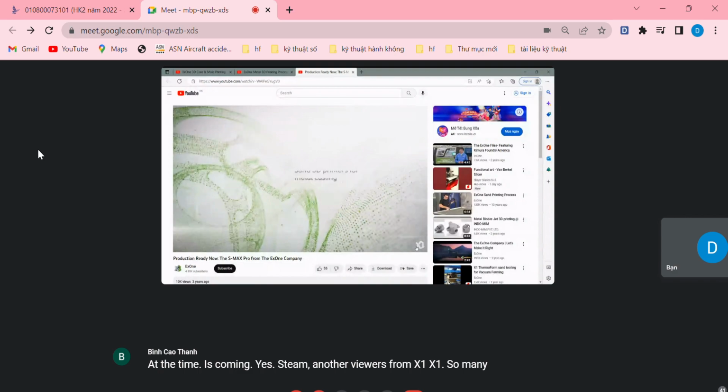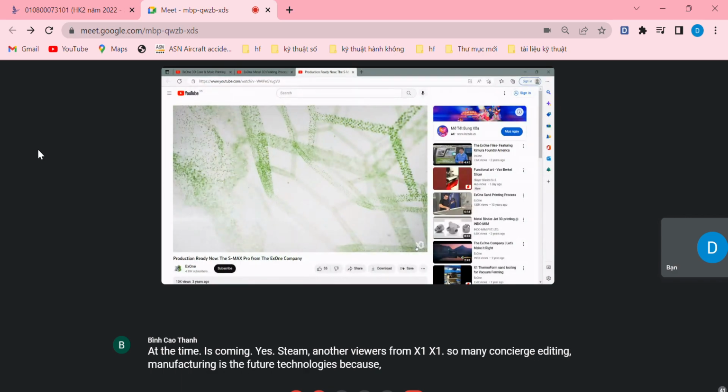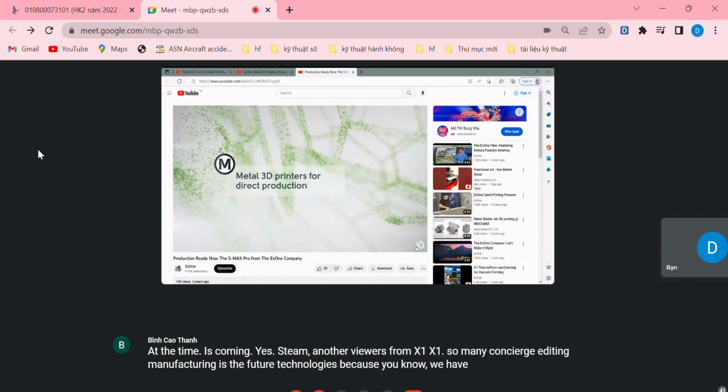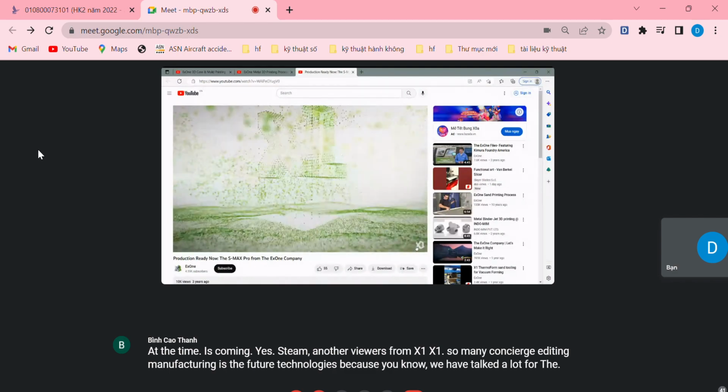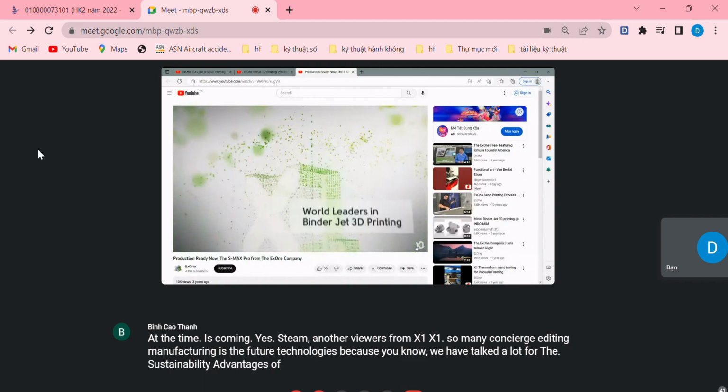Many consider additive manufacturing to be the future technology, because we have talked a lot about the sustainability advantages of additive manufacturing.